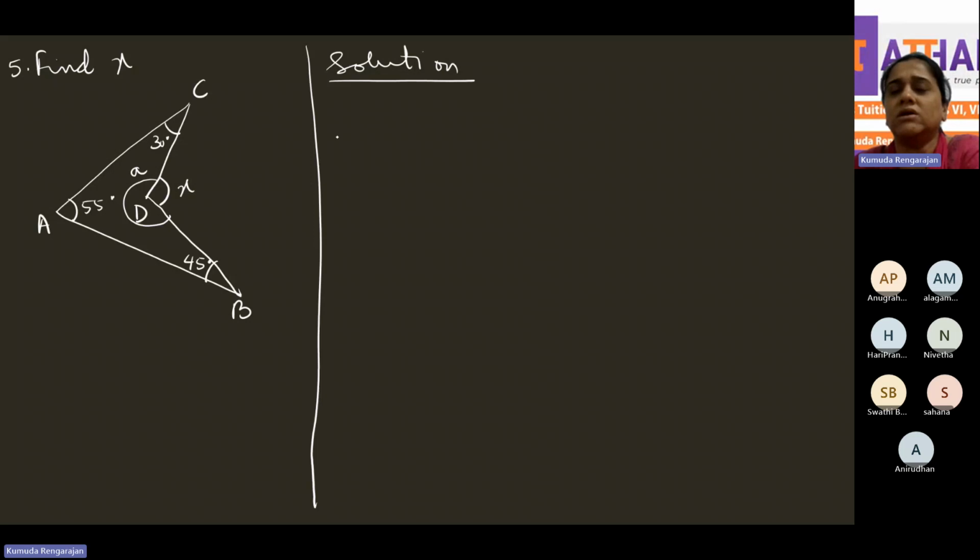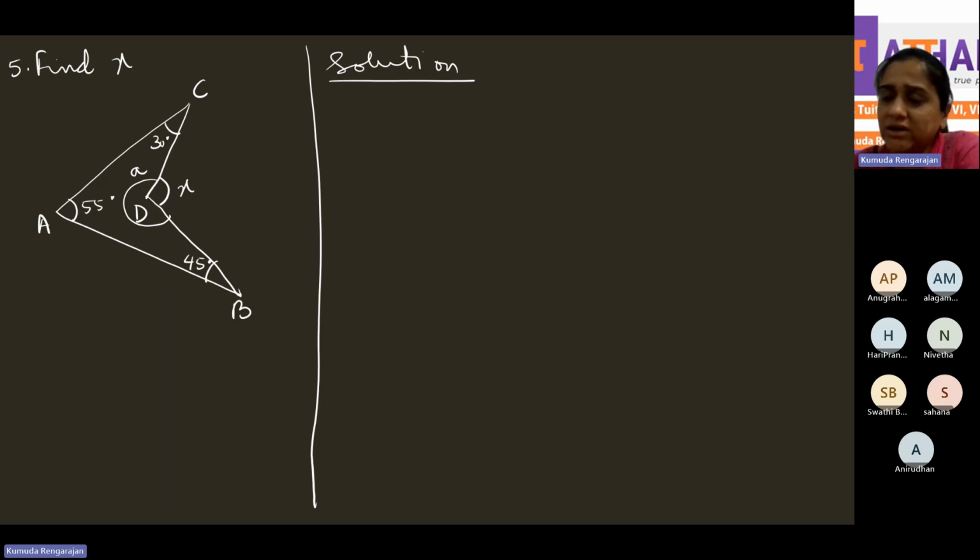Now we know in a quadrilateral, the sum of the four interior angles is 360 degrees. Whether it is a concave quadrilateral or convex quadrilateral, the sum of the four angles will be 360 degrees. In a triangle, the sum of the three angles is 180 degrees.